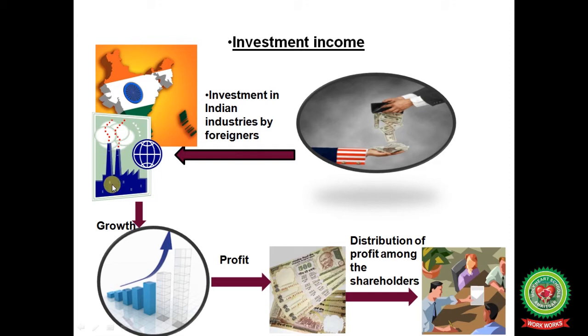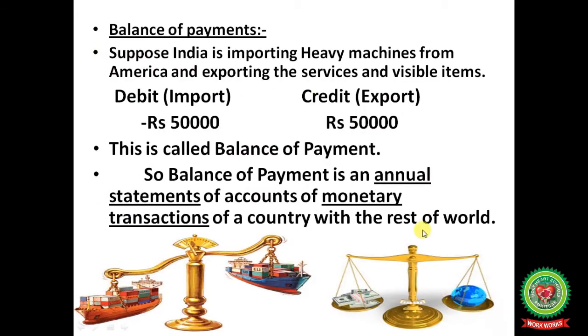What happened with the Indian industries? There is a growth in the Indian industries. With the increase in the production and improved quality, profit is earned by the Indian industries, and that profit will be distributed among the shareholders. So that is known as investment income.